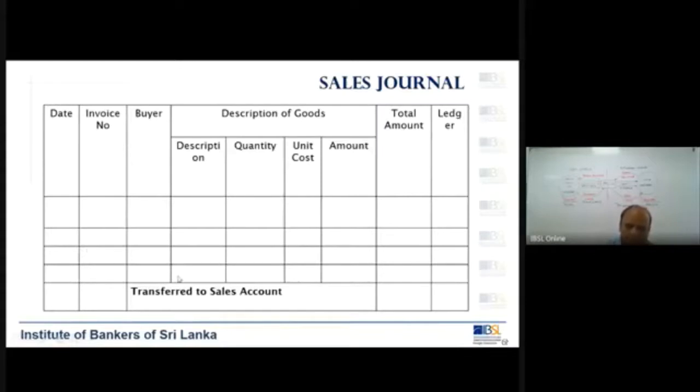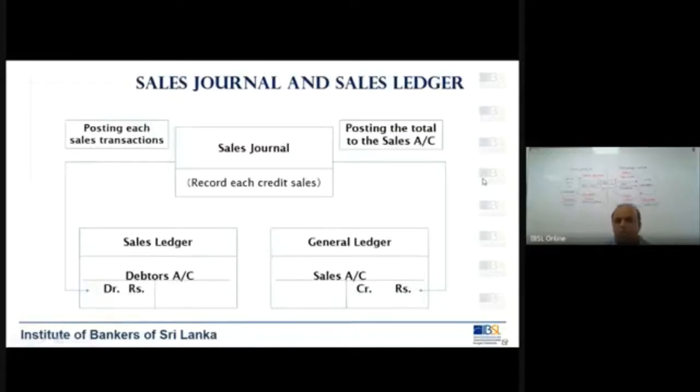And when you reach the end of every month, you take the total of the day book and transfer it to the sales account or the sales ledger, because what you have done is called a credit sale. So that total goes into the ledger in this form.